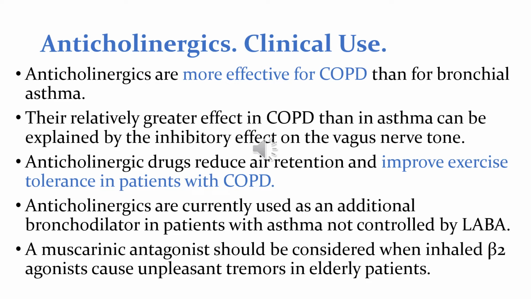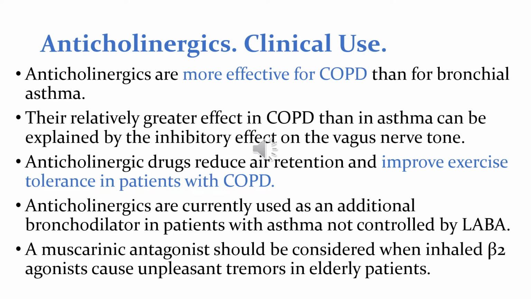Clinical use. Anticholinergics are more effective for COPD than for bronchial asthma. Their relatively greater effect in COPD than in asthma can be explained by the inhibitory effect on the vagal tone. These drugs reduce air trapping and improve exercise tolerance in patients with COPD.